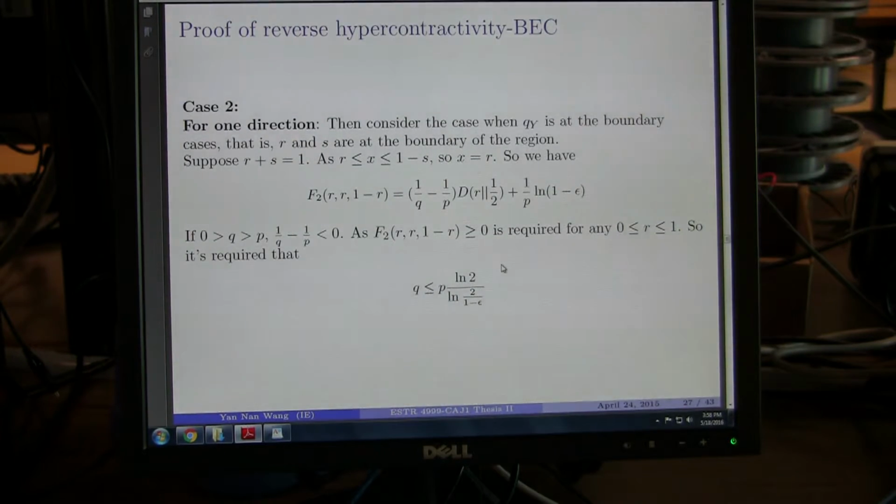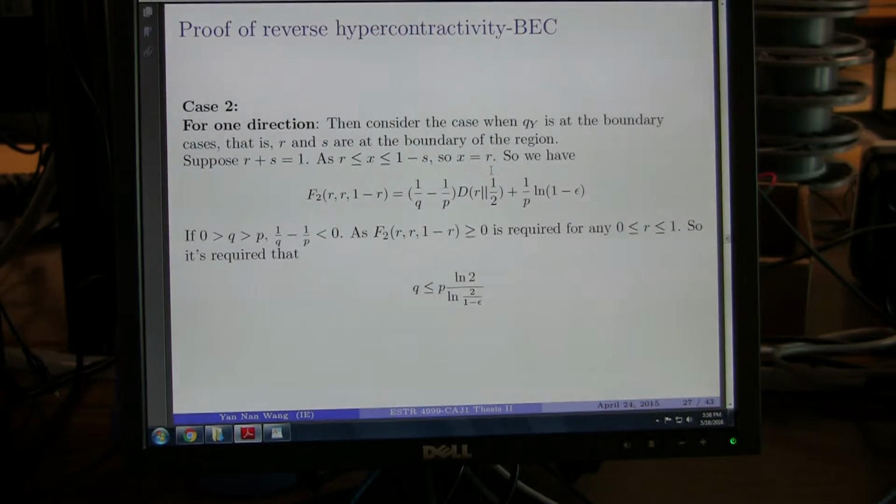Then we need to consider the case when Q_y is at the boundary. There are many boundary cases, and we have checked every one. The only special case happens when r plus s equals 1. And in this case, x can only be equal to r.